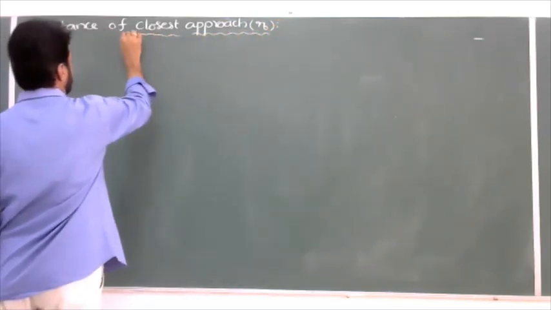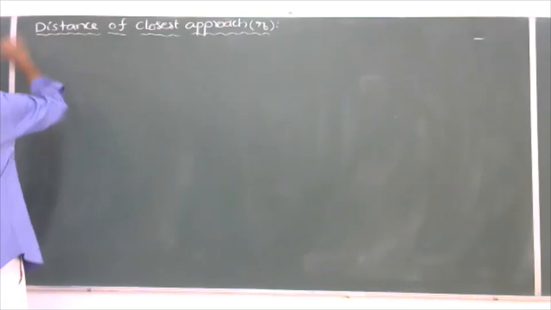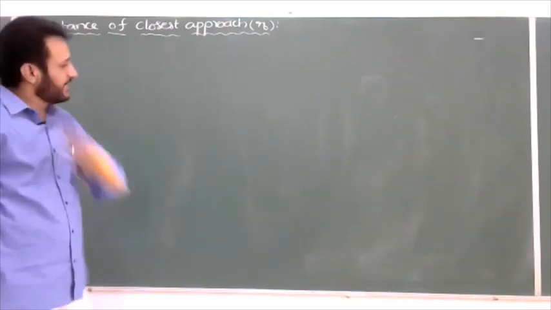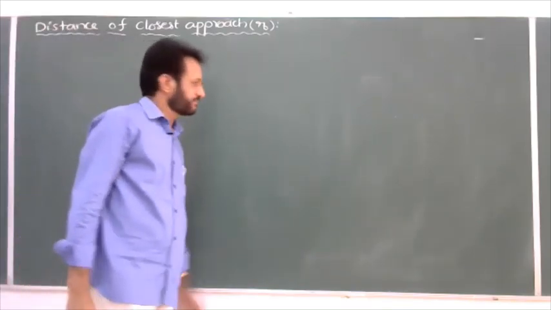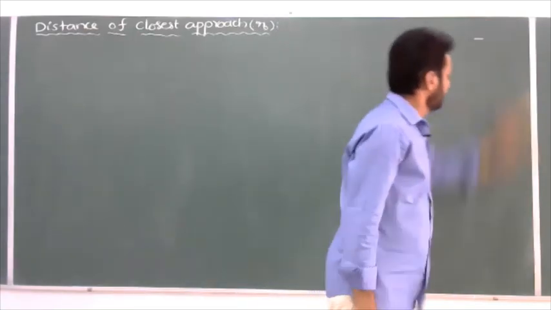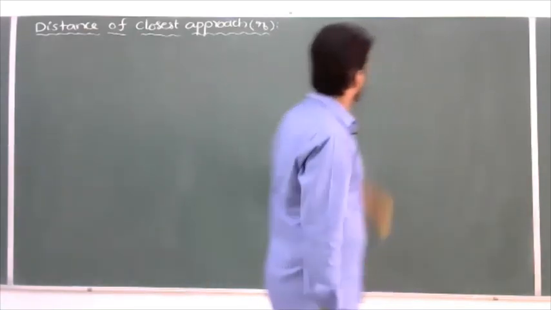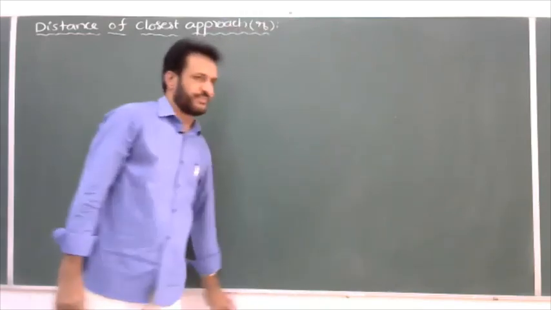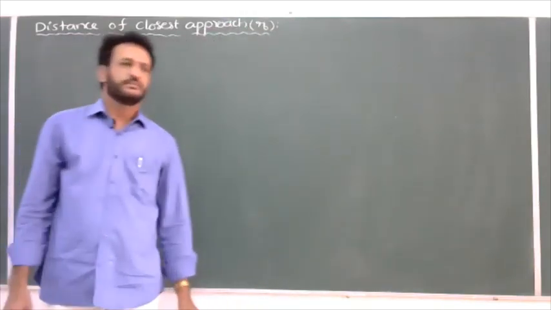What is the meaning of distance of closest approach, and how to derive an expression for this one? In a PUC level exam, a 3 marks question may be asked: derive an expression for the distance of closest approach. And in the competitive exams, numericals will generally be asked based on this one.